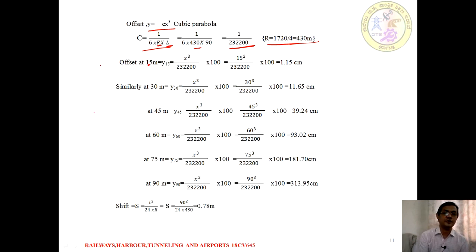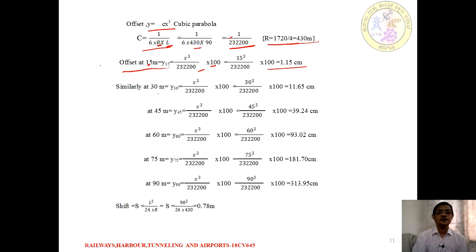So next, moving on to offset at every 15 meter. First, the offset at 15 meter, that is y is equal to c x cube. The c value is already obtained, so just substitute the c value here, multiplied by 100. That is going to give you 1.15 centimeter as the offset for 15 meters.